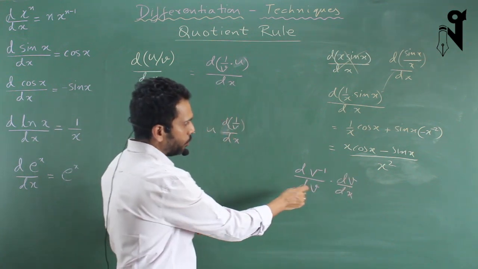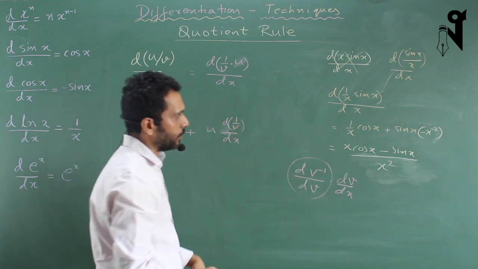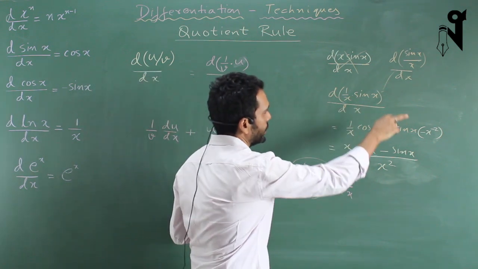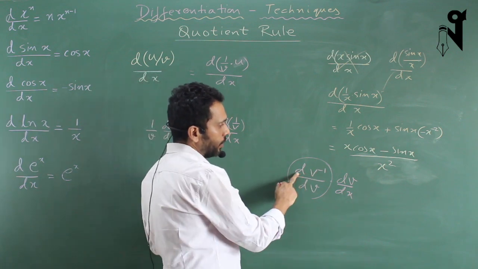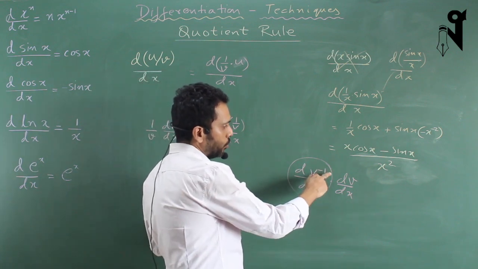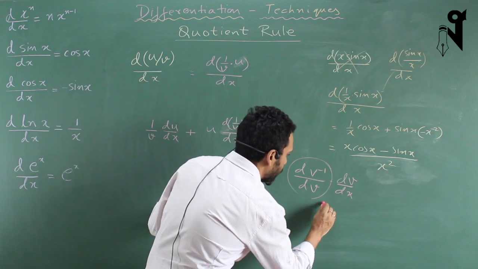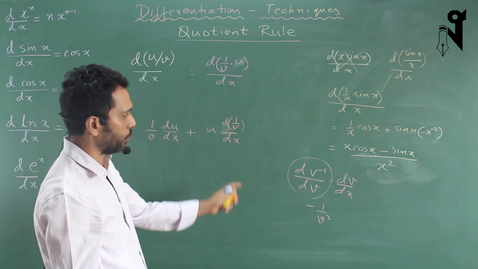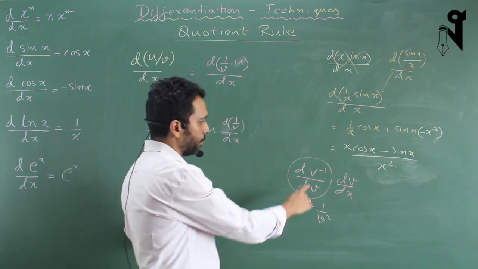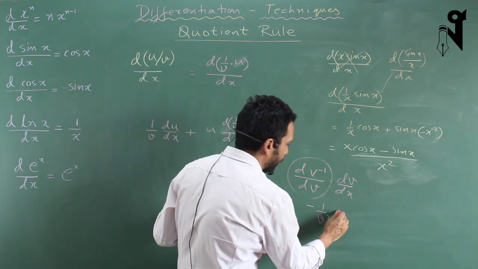So what do we get? Minus 1 comes in front, and then v power minus 2. So it is a negative 1 by v square, and then dv by dx.